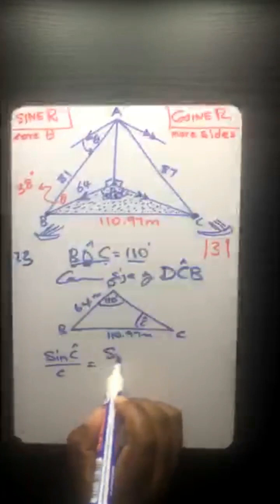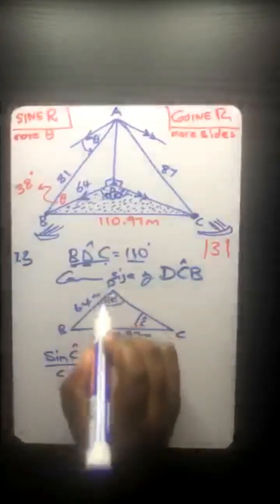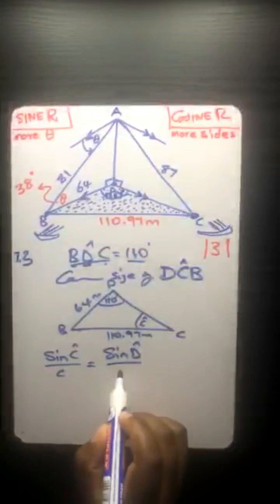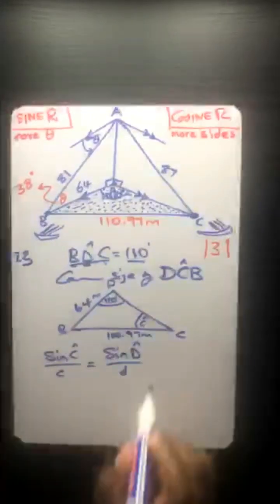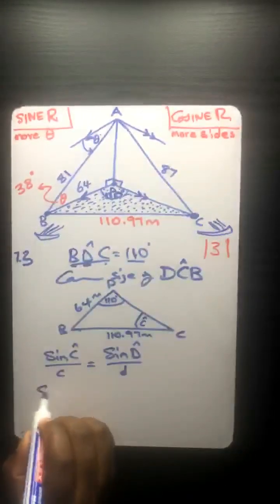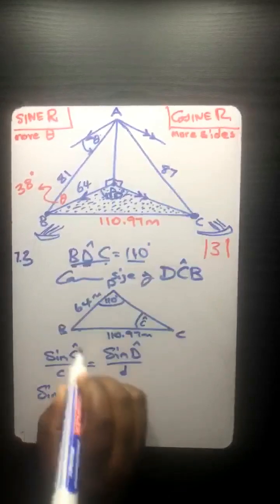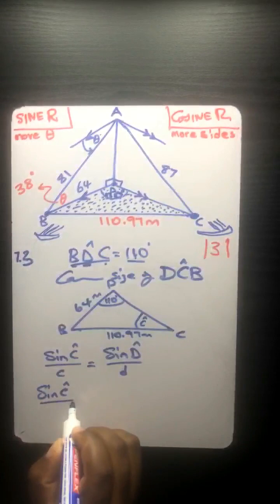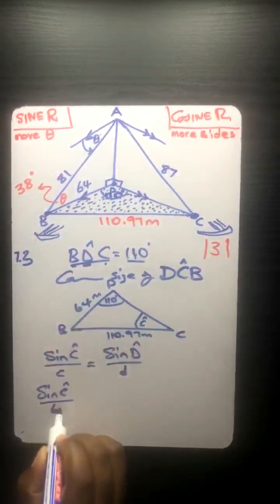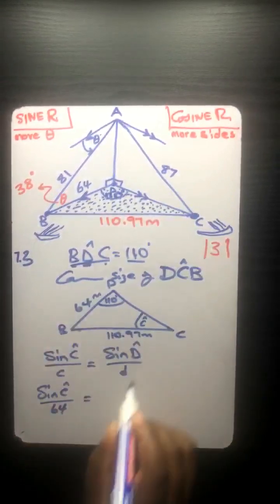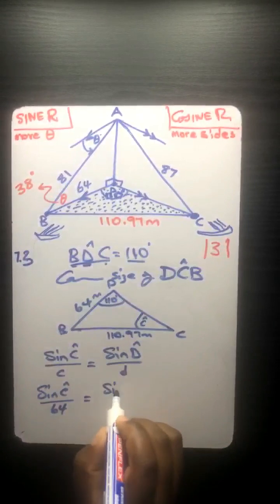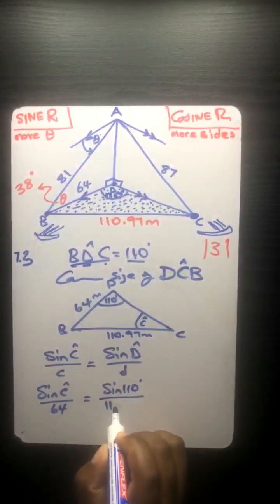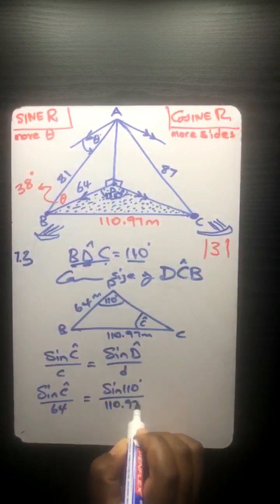So let's see. That means now we have sine of the known angle being D there over the known side being small letter d, being that side. So you will easily say sine of what is that angle? It's what you are looking for, divided by what is the opposite side? It's 64. Equals sine, obviously angle D is given as that, divided by the side we have just calculated it to be that.